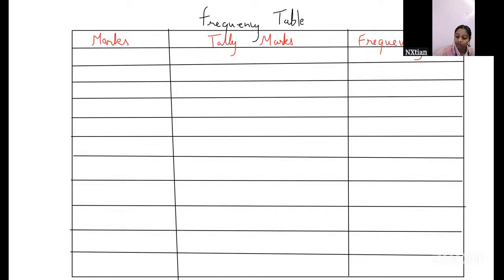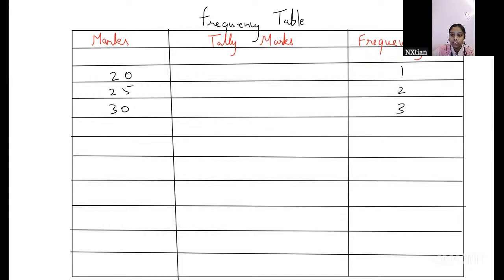Now start with 20. How many times is 20 coming? Look at the ascending order table. Only one time, so put one in the frequency column. Then 25 is coming how many times? Two times, twice. Then 30, three times.